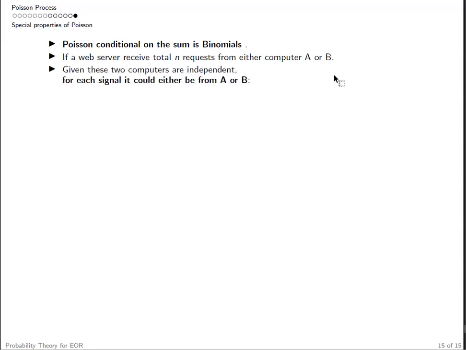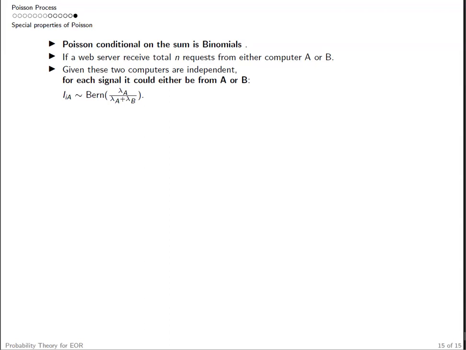But given these two computers are independent, for each signal, we know it could either be from A or B, right? Suppose we receive a signal, it could be from computer A or could be from computer B. If we denote the indicator to be 1 if this signal is from computer A, otherwise 0, then apparently it should follow the Bernoulli distribution, right?